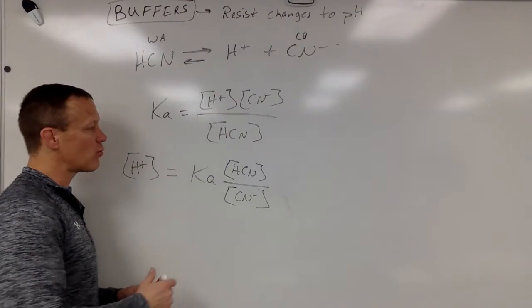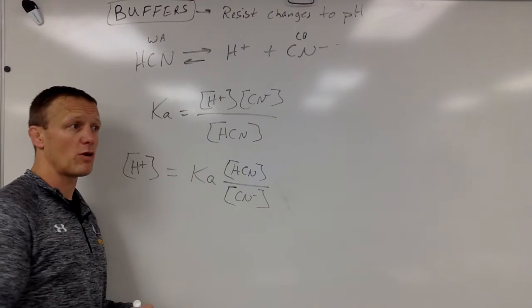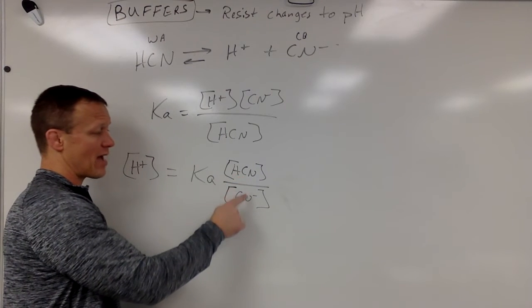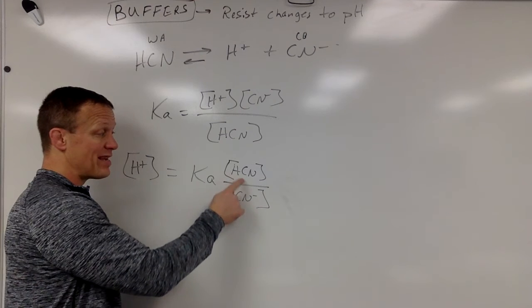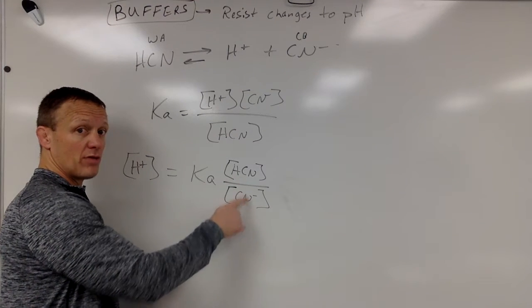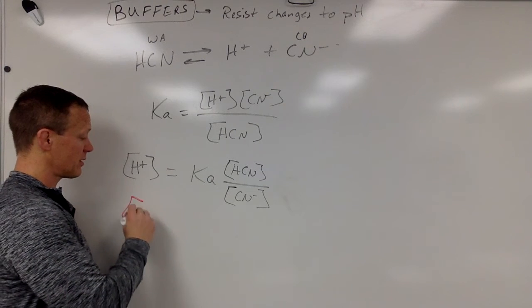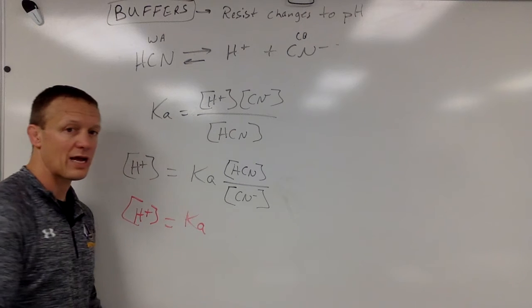Let's say we have equal amounts. A lot of times when we make a good buffer, we have equal amounts of these, and usually we use between 0.1 molar and 1 molar. So let's say we have 1 molar of that and 1 molar of that, or 0.5 molar of each. If we have equal amounts, that ratio is going to be 1. So in that case, the concentration of H plus would equal our Ka.